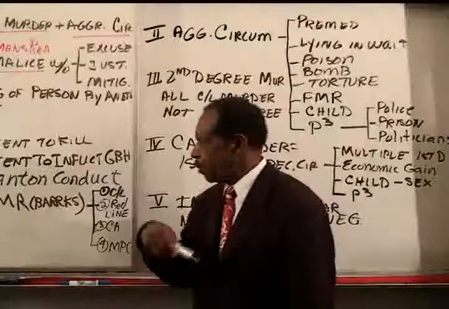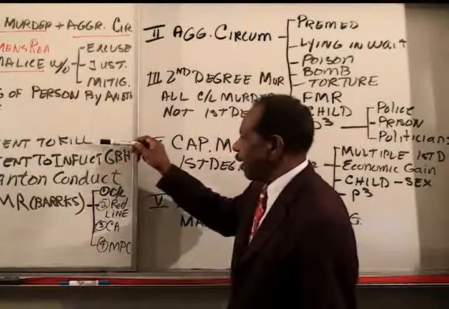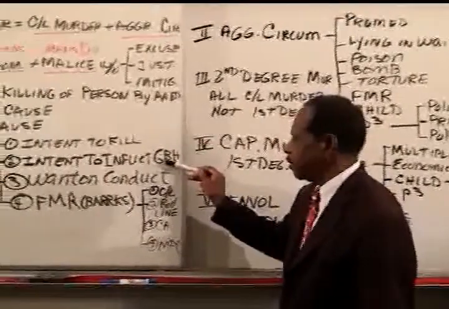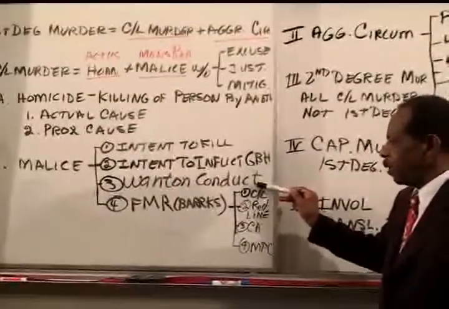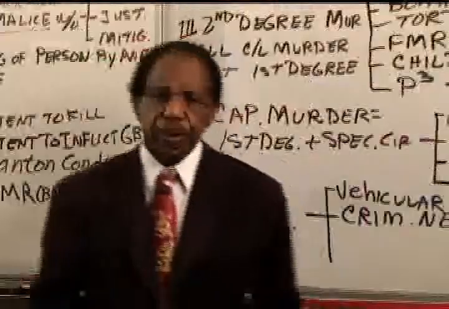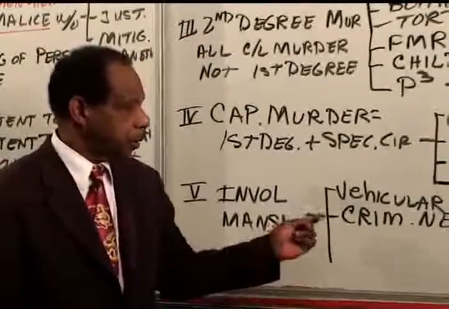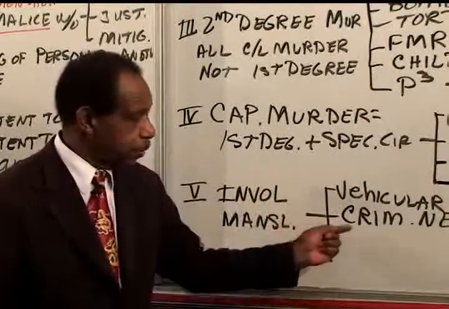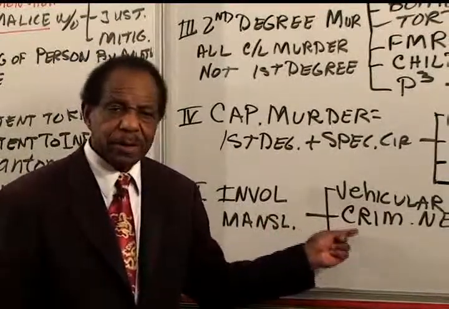So far, for the person who shot at the moving bush, we do not have intent to kill. We do not have intent to inflict great bodily harm. We do not have wantonness. We certainly don't have the felony murder rule. And so what that person who shot the gun has done is commit criminal negligence.